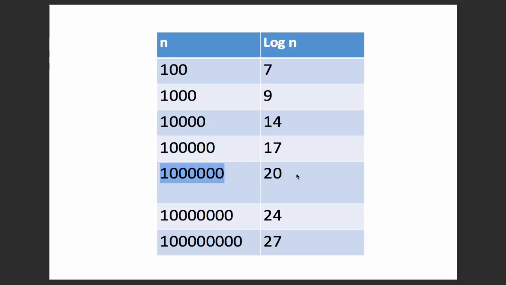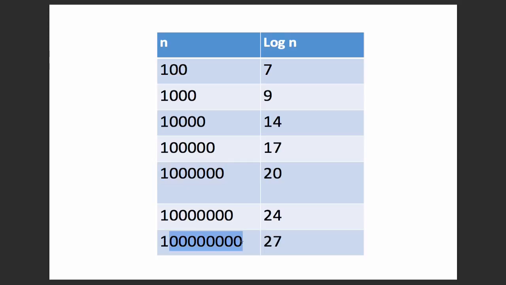That's awesome, right? What does that mean for our algorithm? It means that we can find an element in a table with a million entries in at most 20 steps, at most 20 comparisons. And look how it grows.